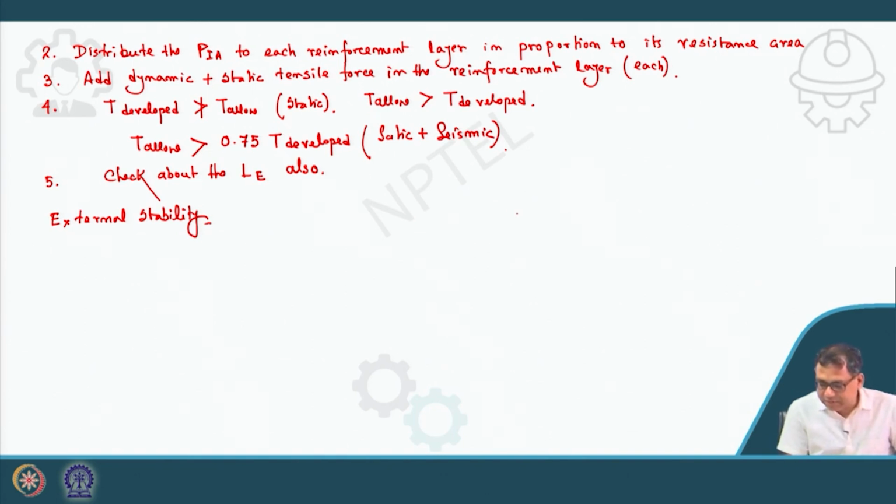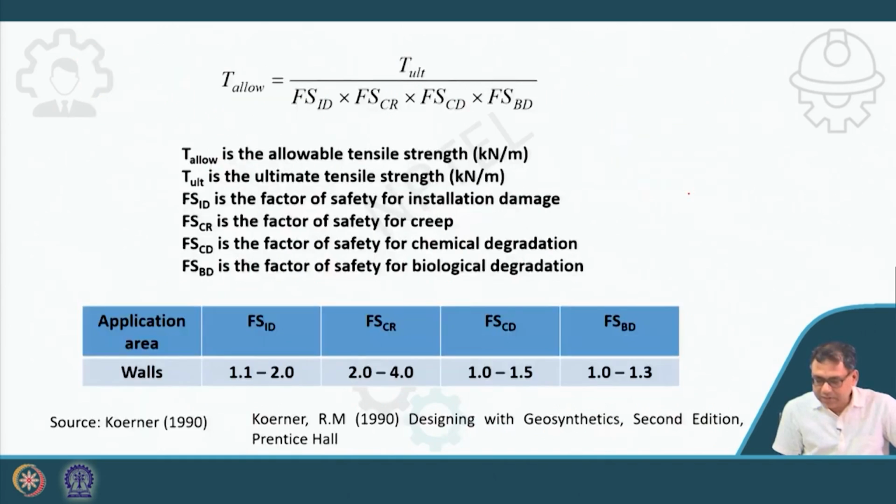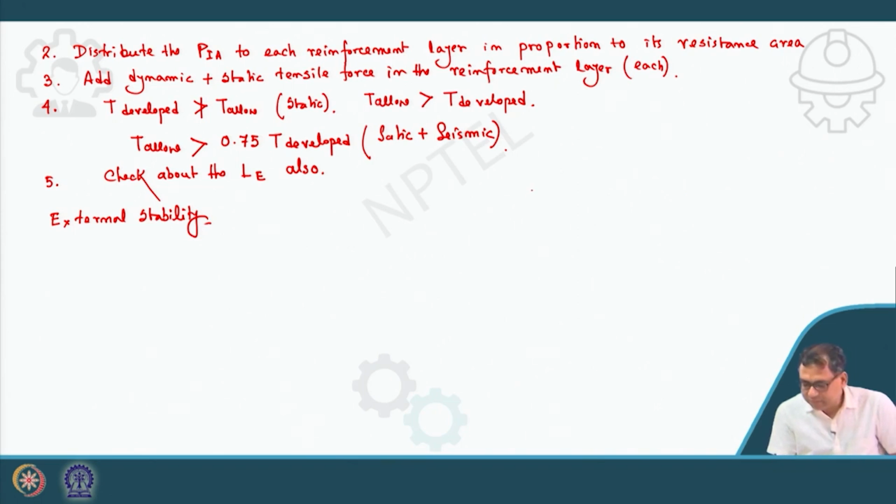Okay, so in the external stability part, as I mentioned, this is your reinforced zone, this is the backfill zone, this is the H, and this one is L, the length of the reinforcement. Now, if I consider the forces, suppose this is my reinforced zone and H is the height of the wall, and these are the reinforced zone soil.